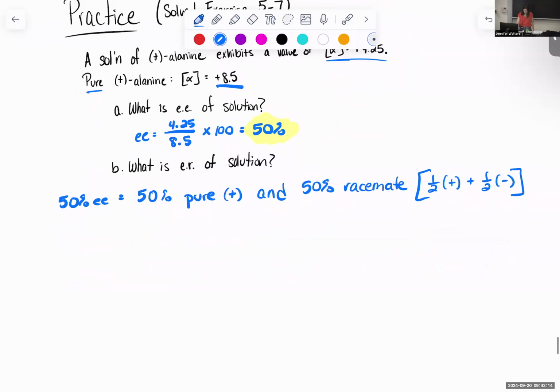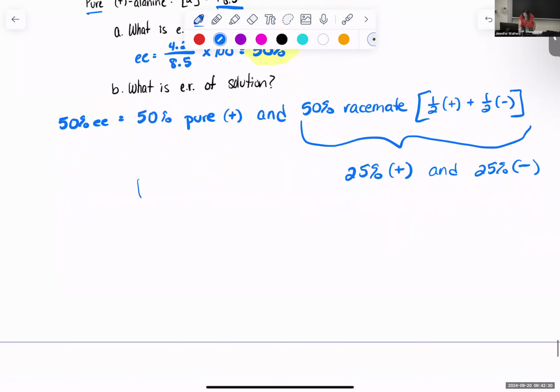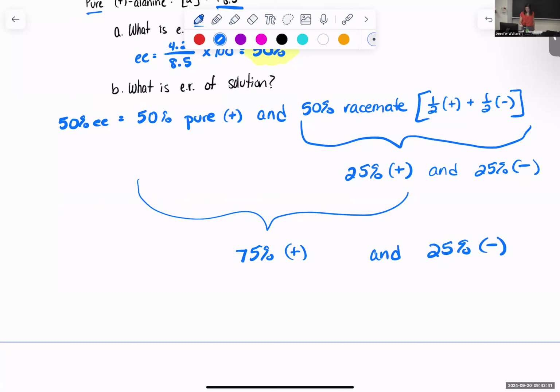So what that tells me is that this is actually 25% is the positive and 25% is the negative enantiomer. So I actually have a total of 75% of my positive enantiomer and 25% of my negative enantiomer.